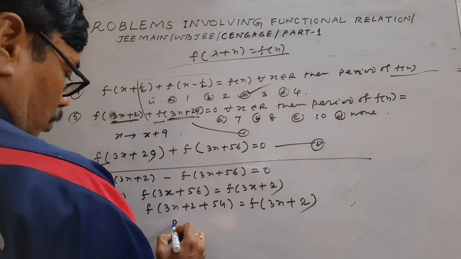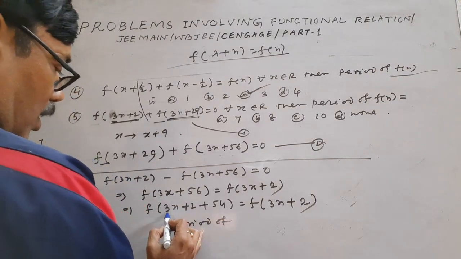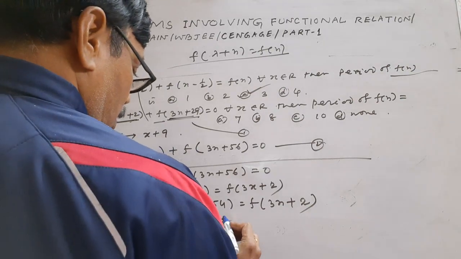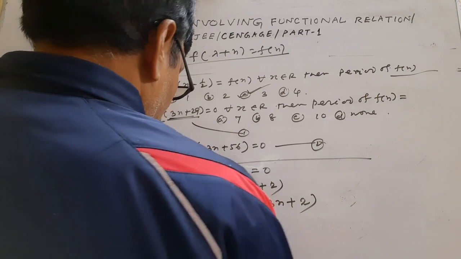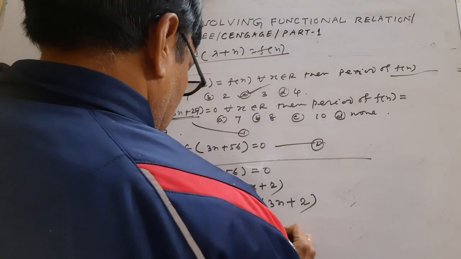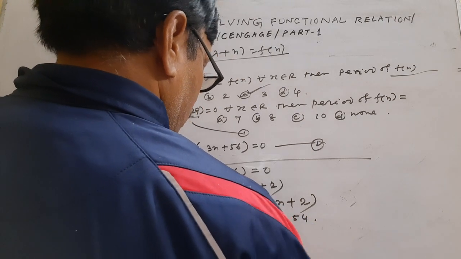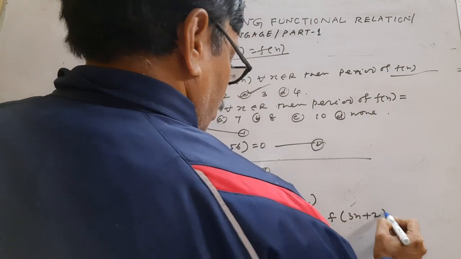If we consider this as z, the period of f(z) equals 54, for f(3x plus 2).